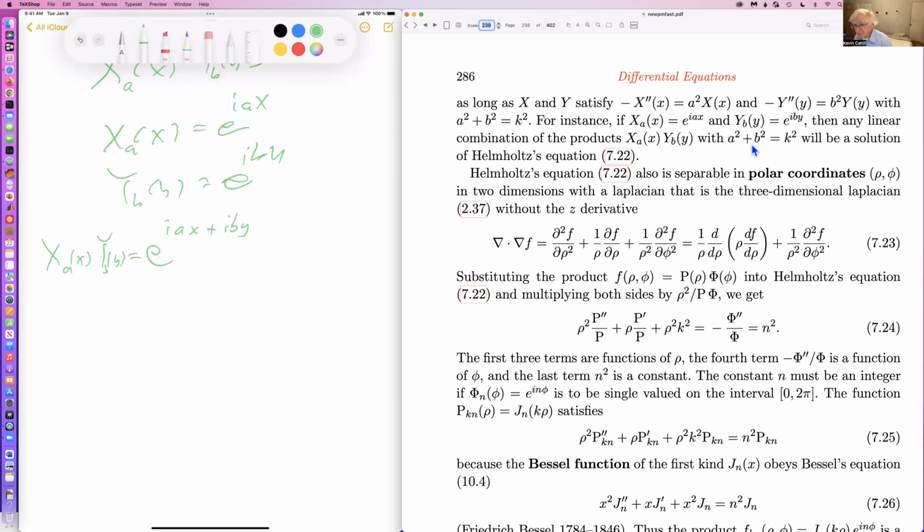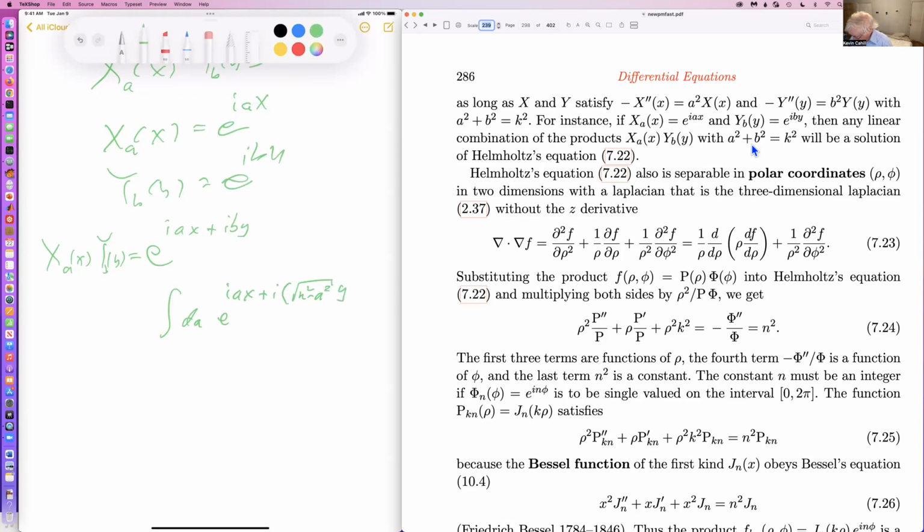And so what we would say is that we could integrate dA e to the iax plus i, and now we want this b to be the square root of k squared minus a squared, y.